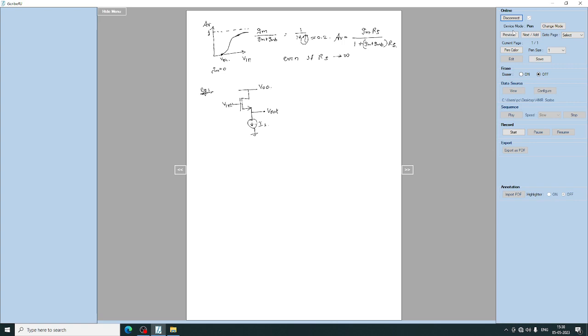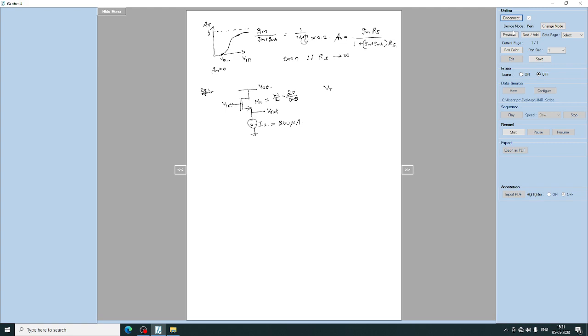Suppose this is the source follower we are considering, and this is the transistor M1, which has a W by L of 20 divided by 0.5, that is, the width is 20 micrometer and the length is 0.5 micrometer. The current I1 it is drawing is, say, 200 microamp.